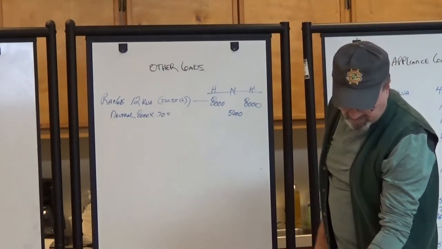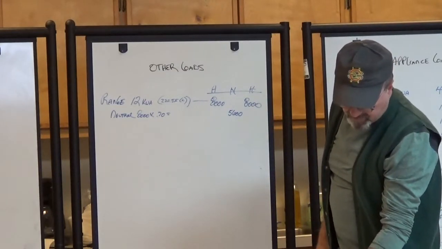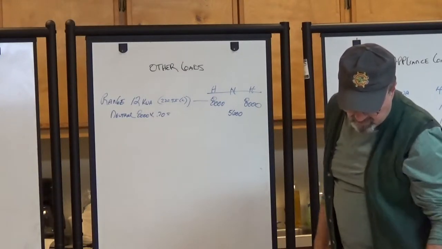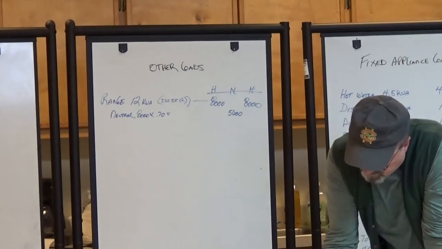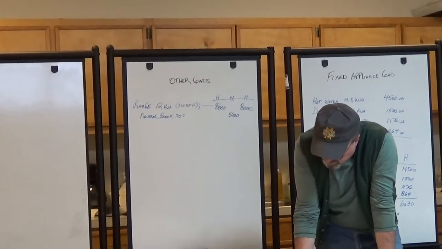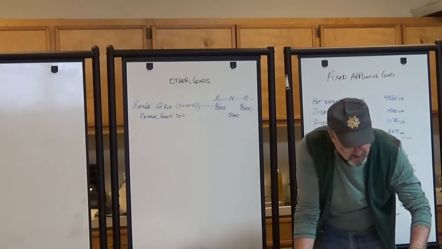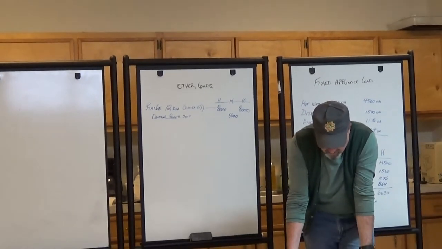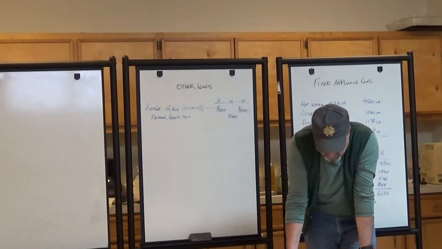Now we're going to look at the dryer. And the dryer is rated at what? Let's look at 5.5 kVA, right? So let's take a look at NEC Article 220.54. Okay. Demand factor of 100%.